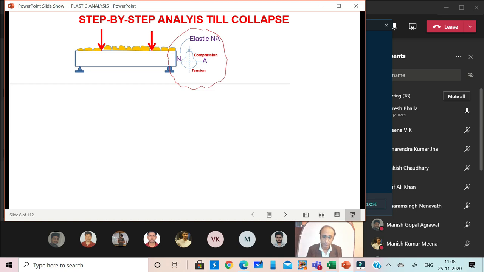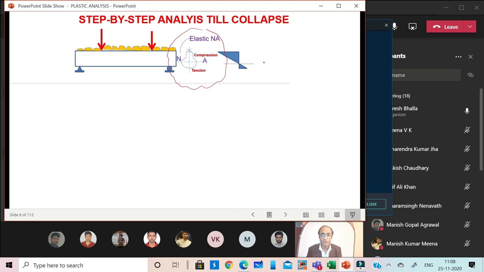The neutral axis would be towards the downside because the downside has greater area. If we plot the distribution of stress along the depth of the section, it will be something like this. What do you observe?